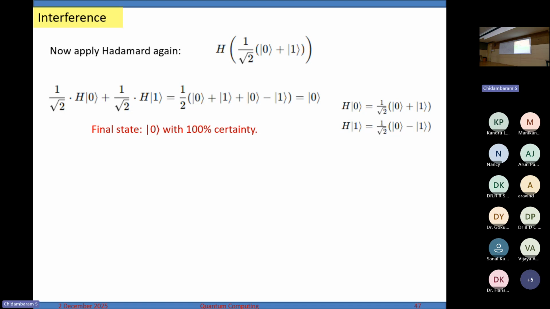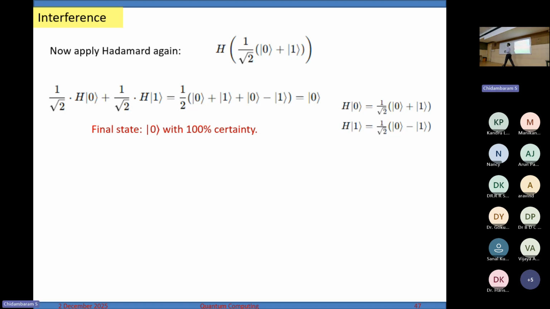What is Hadamard 0? 1 by root 2 ket 0 plus ket 1. What is Hadamard 1? 1 by root 2 ket 0 minus ket 1. If you remember, this is plus and this is minus, right?